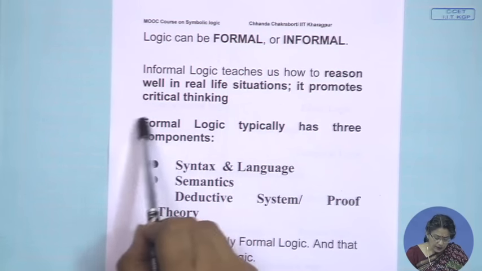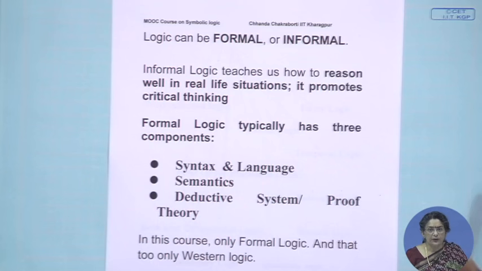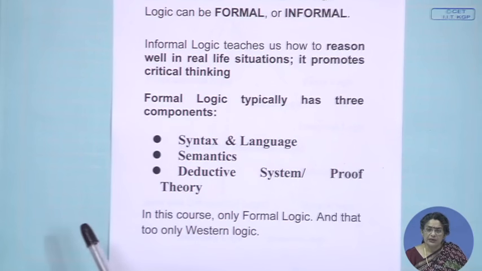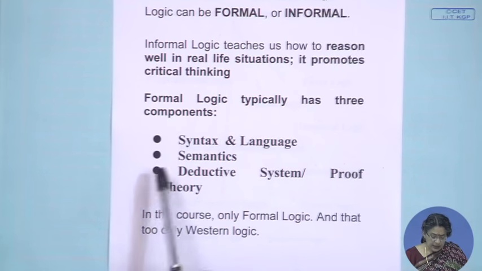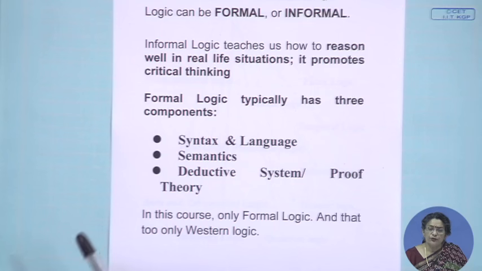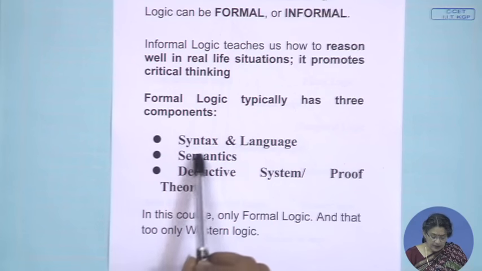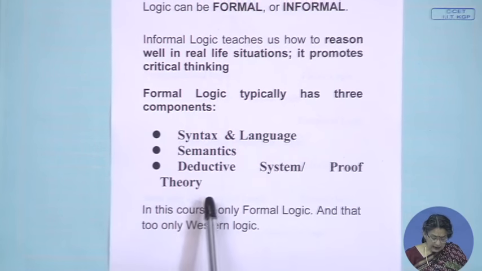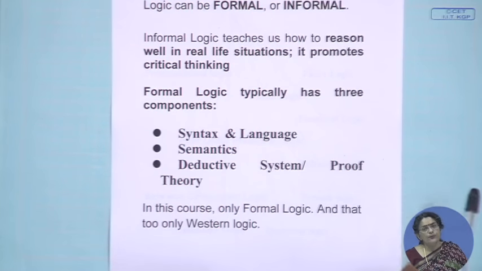We are going to do more of formal logic, and we are not going to touch on informal logic in this course. So this is what logic is according to formal logic, that there are typically 3 components in it: the syntax, the semantics, and a deductive system or a proof theory.